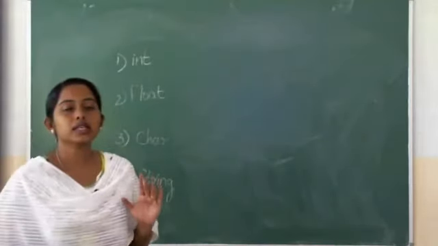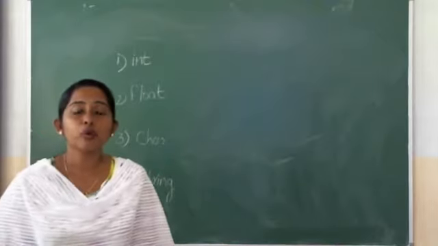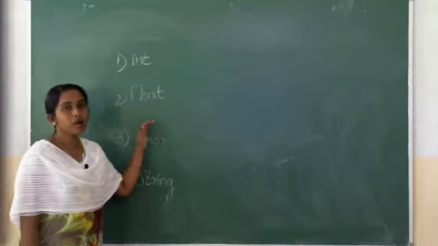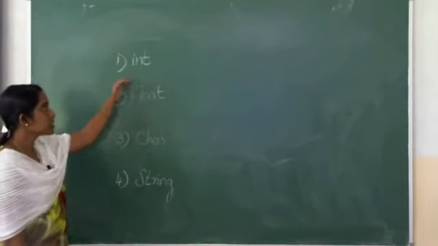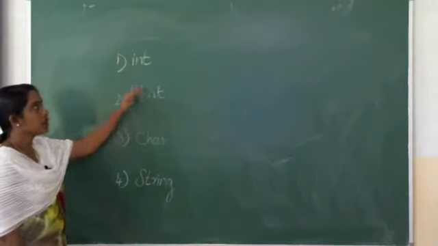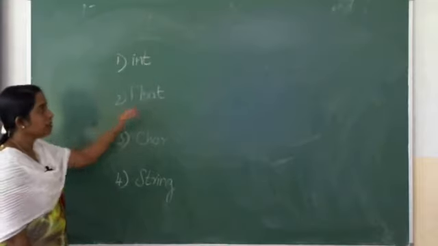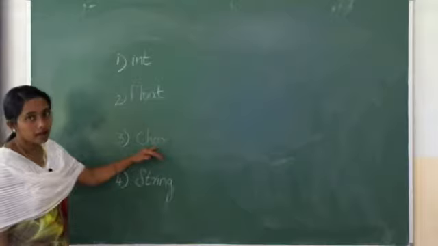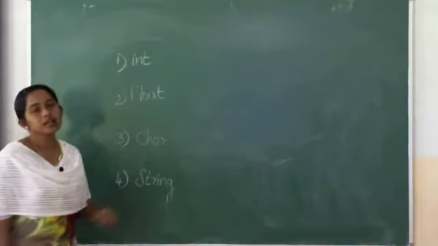So these are the main four data types in a Java program: int data type, float, char data type, and string data type.